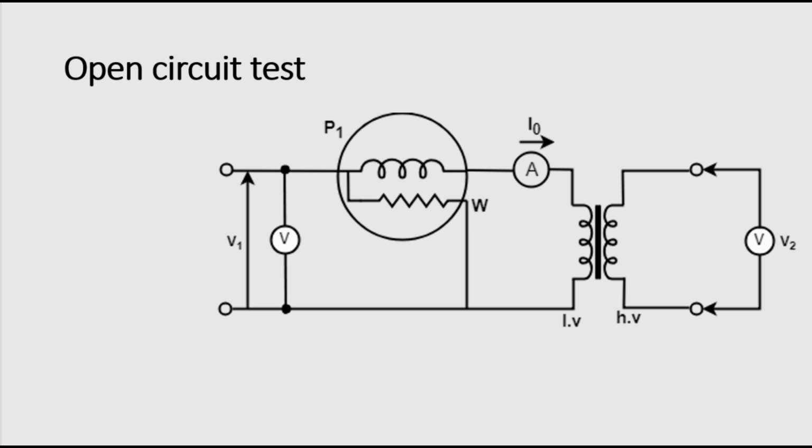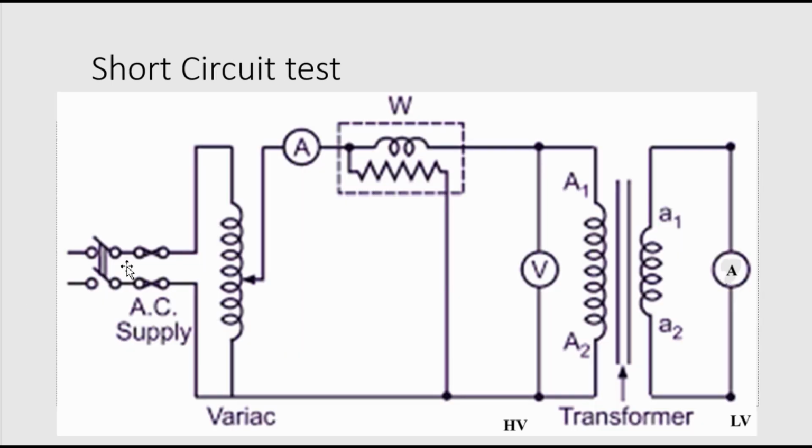Next is the short circuit test. At this condition we'll create a short circuit path. When we create a short circuit path, the supply we provide to the transformer will be 10 or 20% of the rated supply, but the current flowing in this condition should be equal to the rated value of the current.